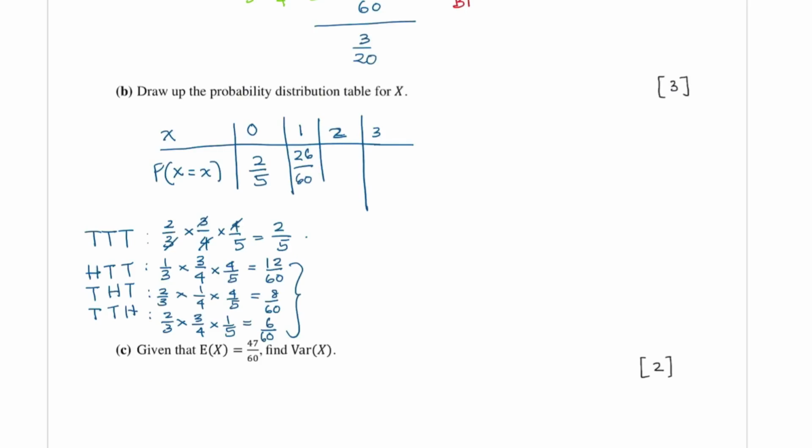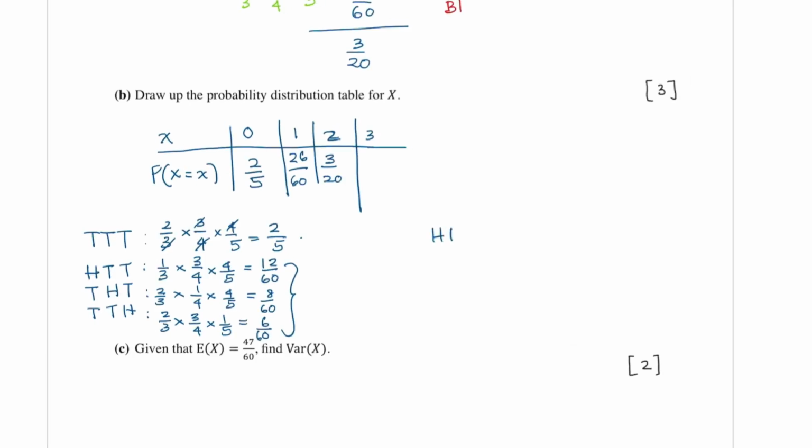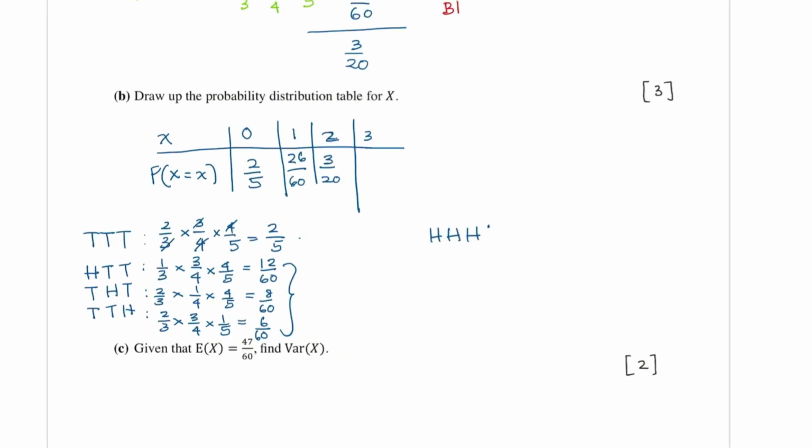It's given earlier, which is 3 over 20. Now, what's the probability of you getting 3 heads? 3 heads is when everything is head. So it's basically 1 per 3 times 1 per 4 times 1 per 5. Okay, you'll get 1 over 60. I'll write it here. There you go.